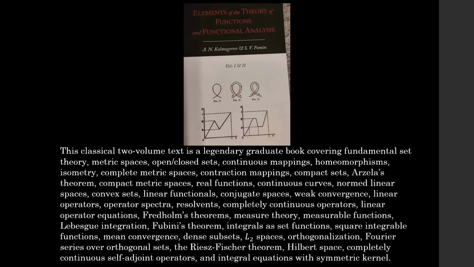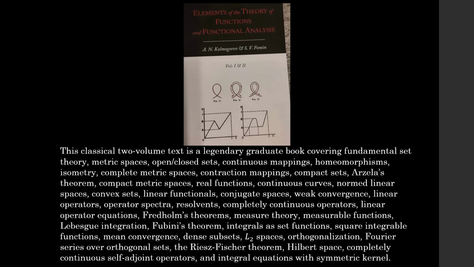Famous Russian mathematician Kolmogorov also contributed heavily to this book on functional analysis. So you start off with these ideas from set theory and functional analysis, composing metric spaces and all these things on sets. Linear functionals, you have Fubini's theorem, orthogonalization, L2 spaces, which are types of Hilbert spaces. So this gets into the idea of Hilbert spaces.